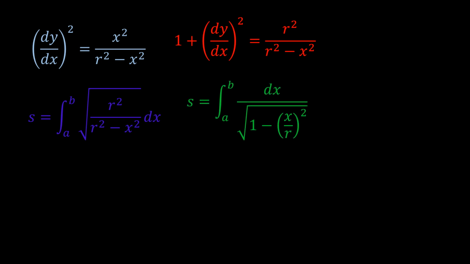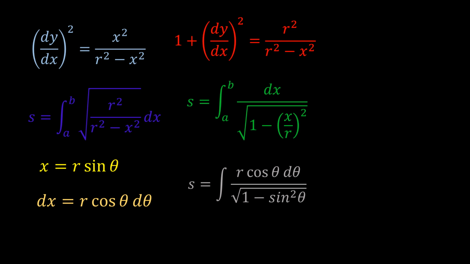We shall use the substitution x equal to r sin theta. By differentiating this with respect to theta, we have dx equal to r cos theta d theta. Subbing all this into the integral, we have this.